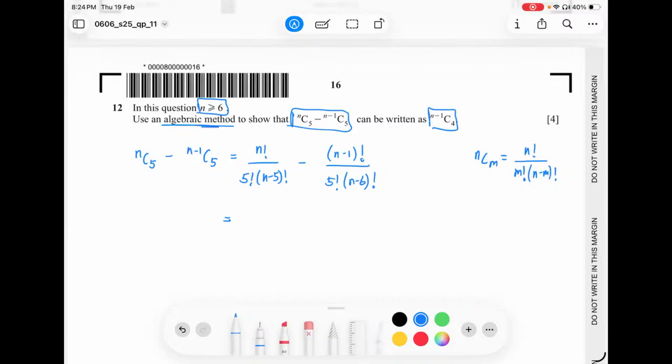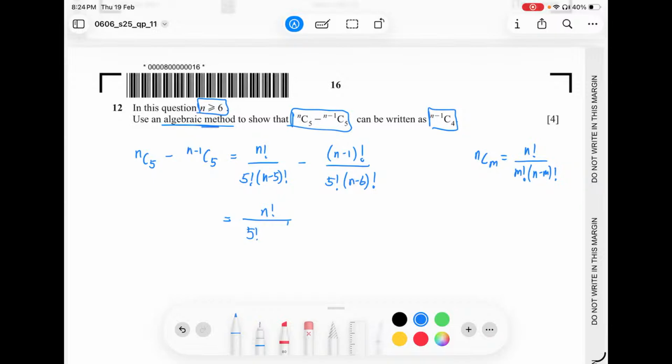So now what we can do here is we can write this as n factorial over 5 factorial.